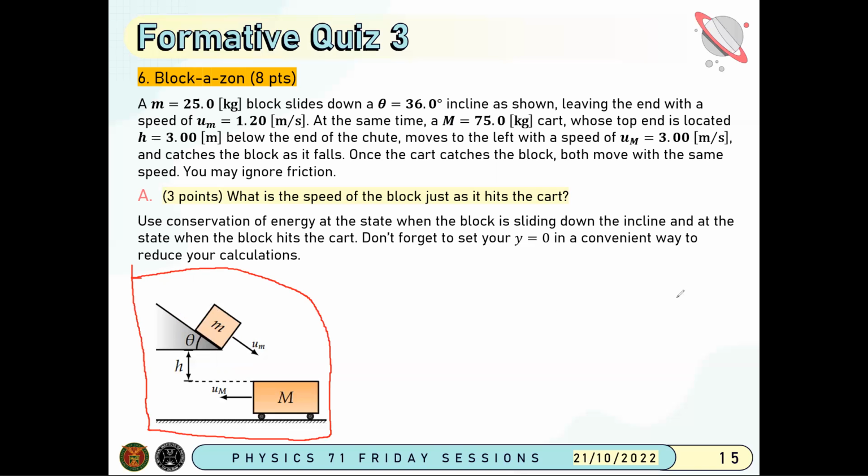How about our final state? So ang final state natin is, this is your cart, and then si mass small m nasa taas. Pero hindi pa siya masyadong bumaba. Like just before it hits the cart. So before pa yung mangyari yung pag-hit. So malapit na mag-hit yung mass m. Okay? So dito yung final state.